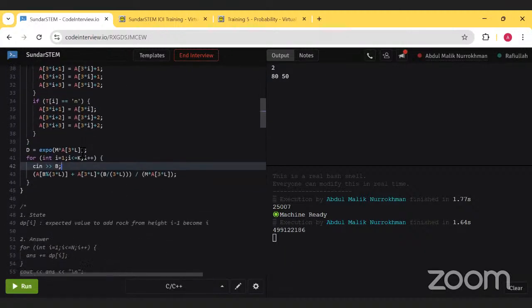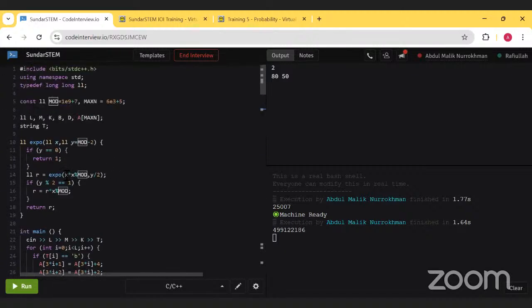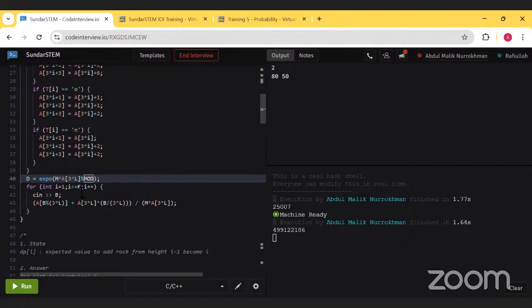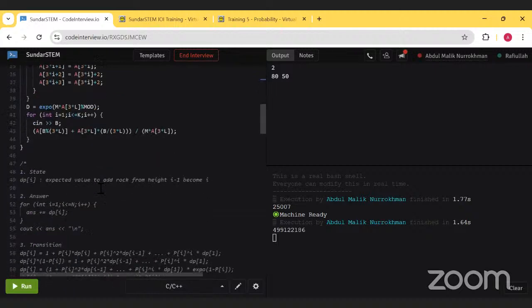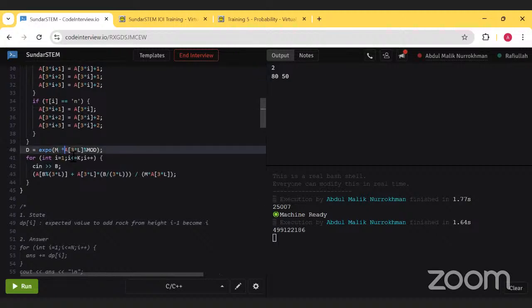And don't forget to put modulo here, because the value can be larger. And if we don't use modulo here, this formula can overflow.